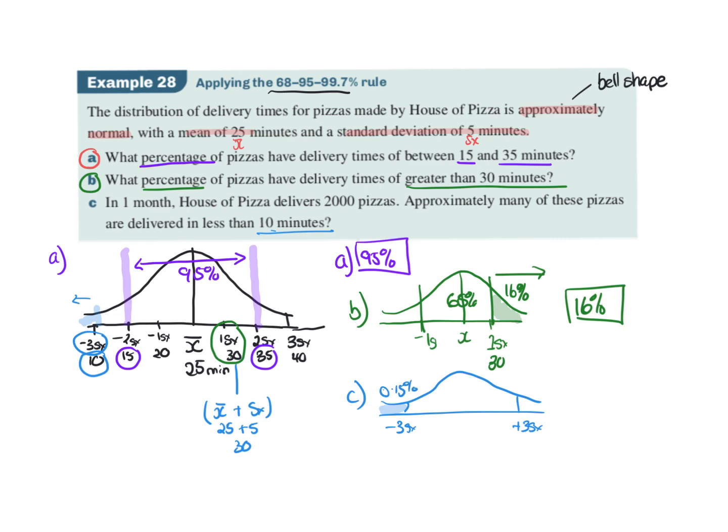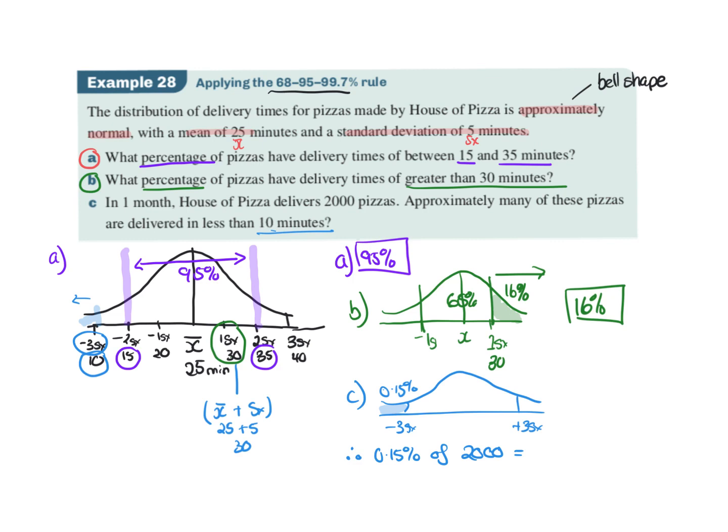So we want 0.15% of that 2,000 people or pizzas delivered. So we want to work that out.